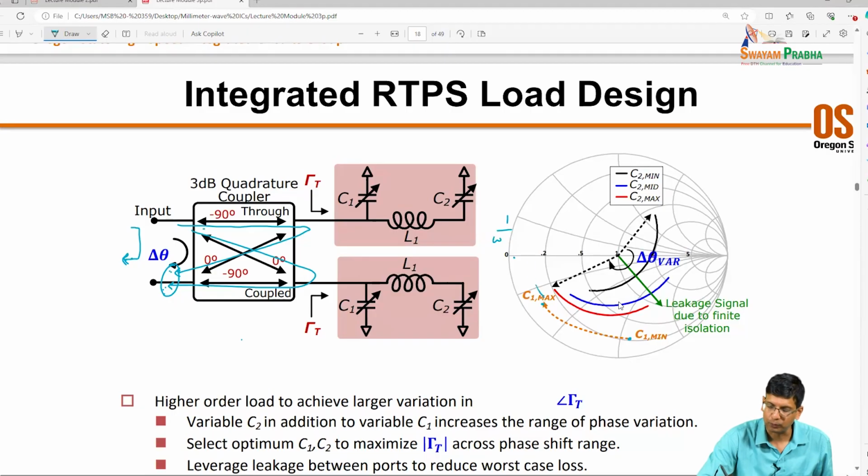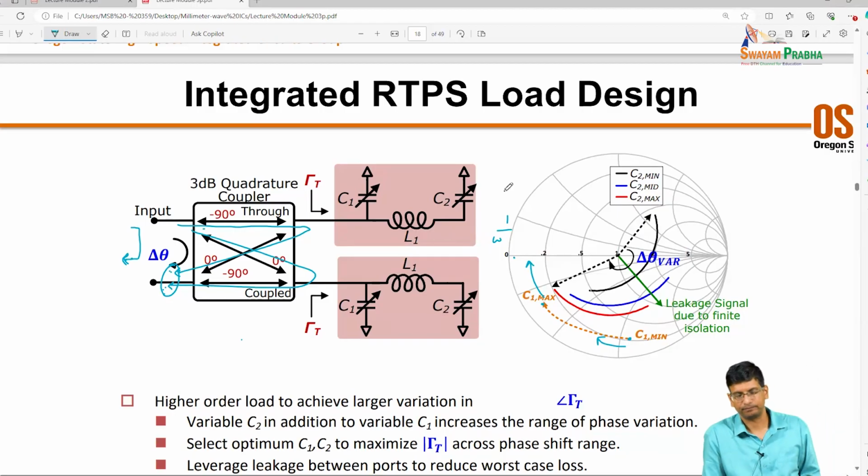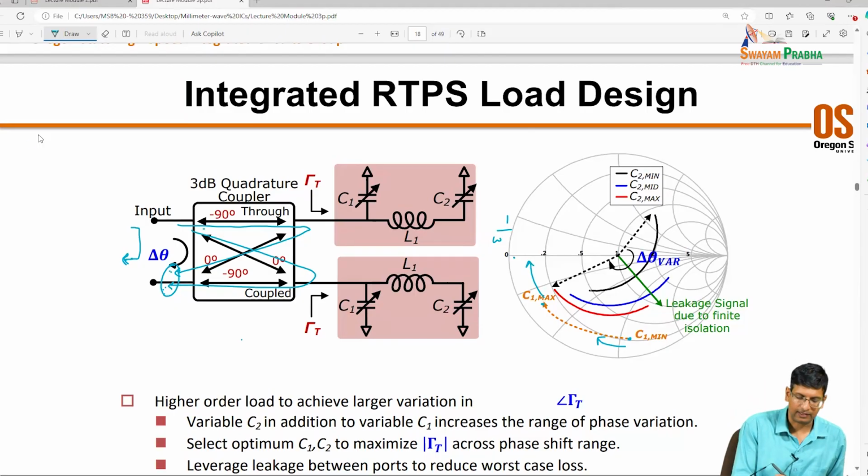But if I try to push this over here, I will end up moving this over here, because in integrated varactors or even switch capacitors, however you build them, there is a ratio of Cmax to Cmin. And this Cmax to Cmin ratio at a certain frequency is sort of constant.